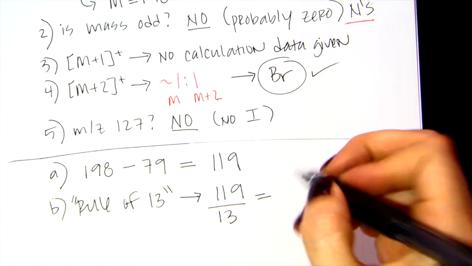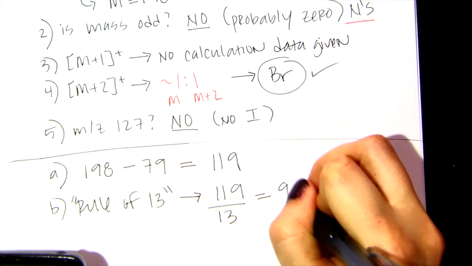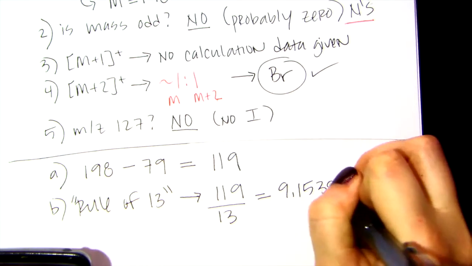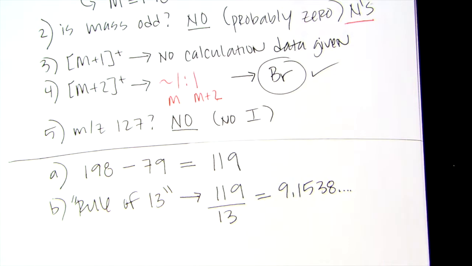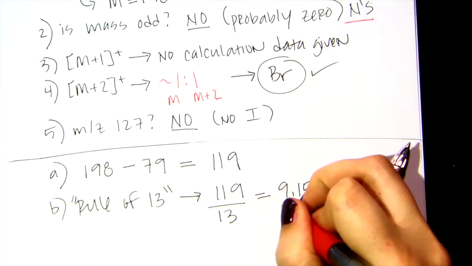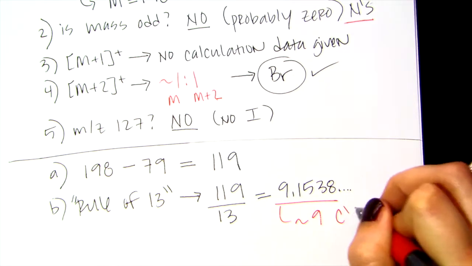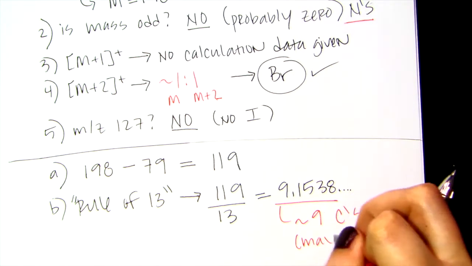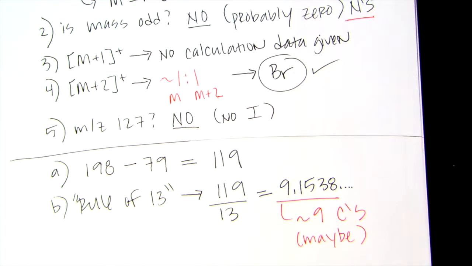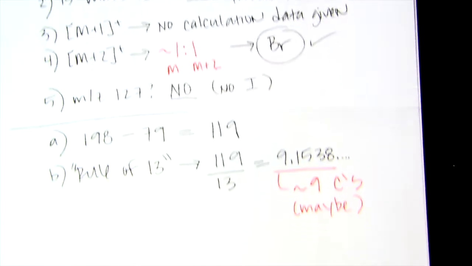And so that comes out to 9.1538, etc. And so that means I might have roughly 9 carbons. Okay, so I'm going to put maybe, because you don't want to say, yes, I definitely have 9 carbons. You're just estimating right now.